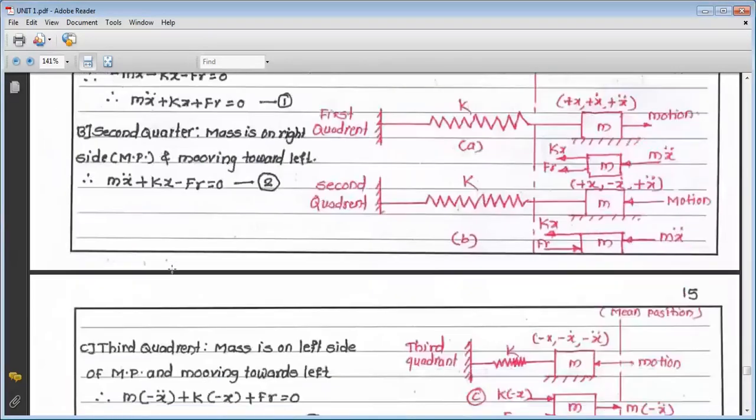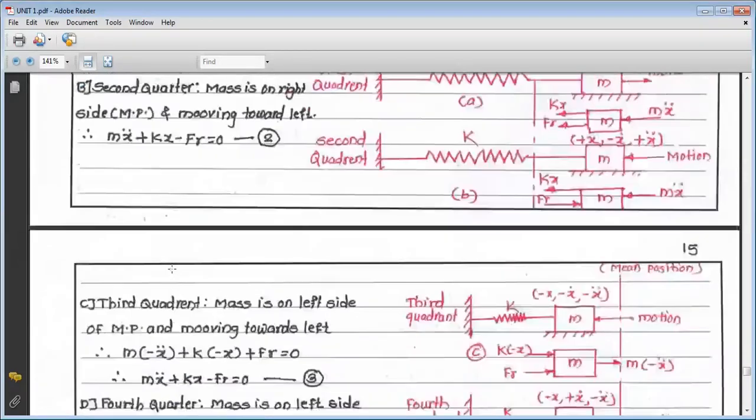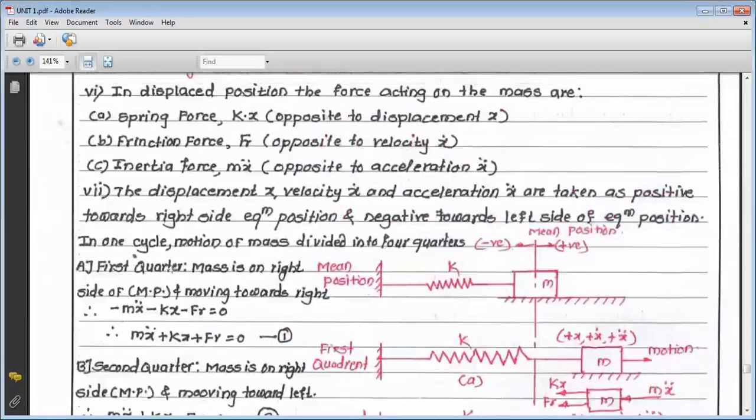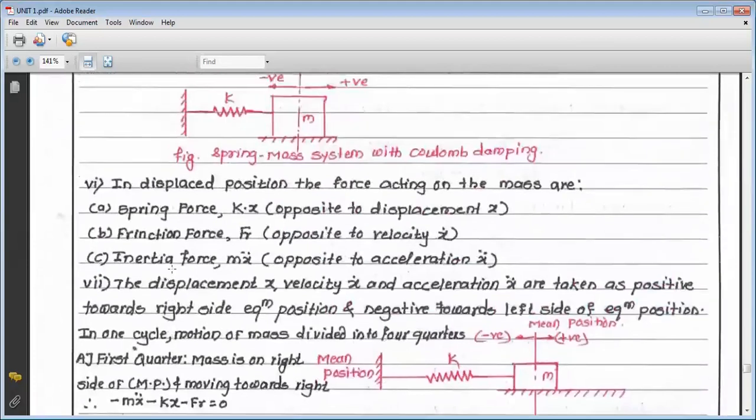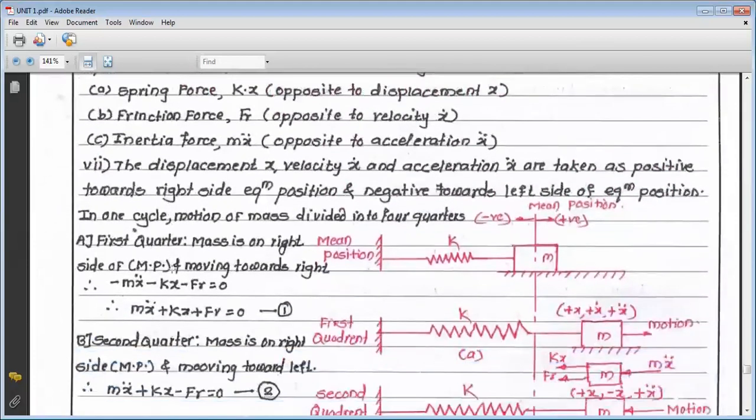For that I have drawn that figure. In the displaced position, there are forces acting. This is the mean position, the same diagram, with stiffness K and mass M. From the mean position, right hand forces are positive and left hand forces are negative.